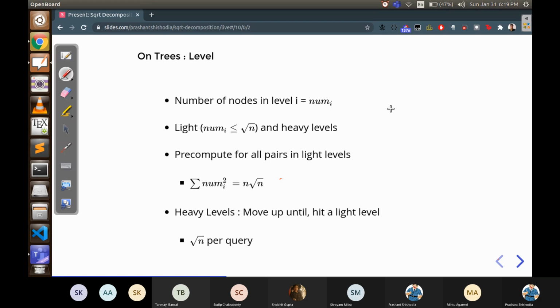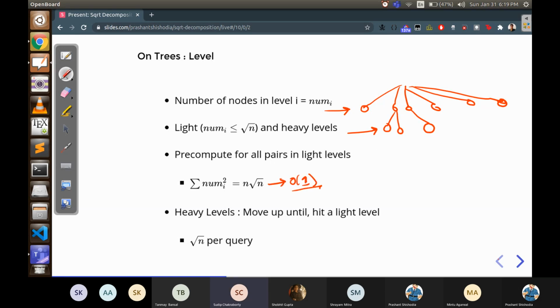So consider this situation. What he said is maybe level 3 is heavy, but level 4 is light, right? I don't have the answer pre-computed for this, but I need the answer pre-computed for this. What do I do in this case? What I assumed would work in O(1) won't be the case anymore.